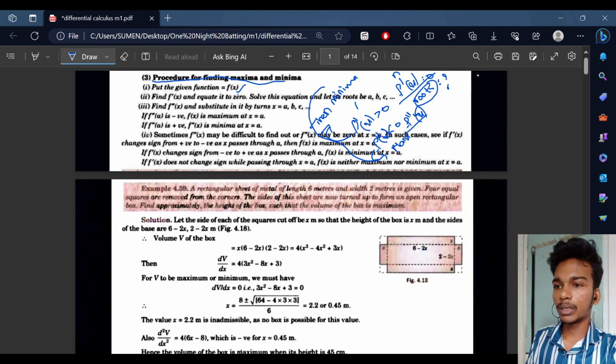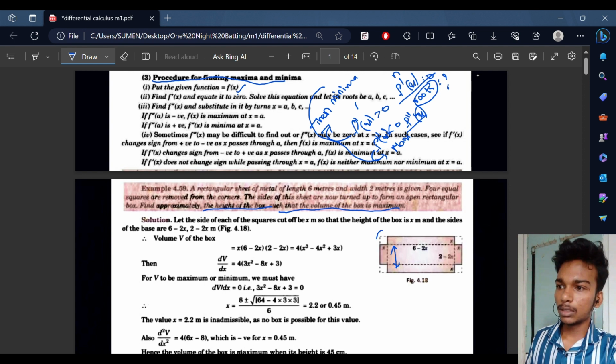Find the height of the box such that the volume of the box is maximum. He is asking us to find the height of the box such that the whole volume will be maximum.